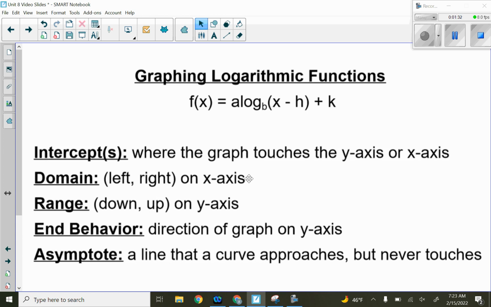Domain is left to right on the x, so that's on the x-axis, so how far left, how far right. Range is how far down, how far up, so on our y-axis. End behavior is where the ends of the graph are going. And asymptote, that is definitely a new vocabulary word we haven't talked about this year. It's a line that a curve approaches but never touches.